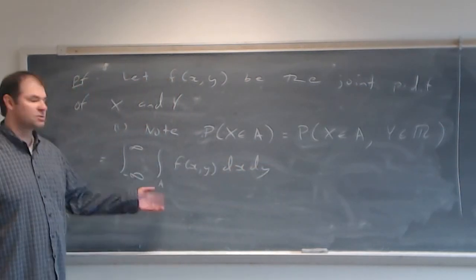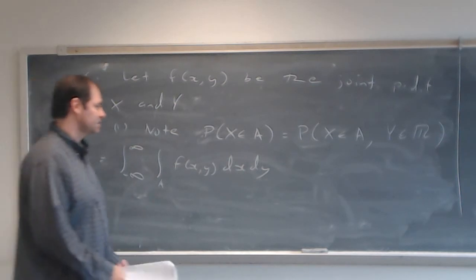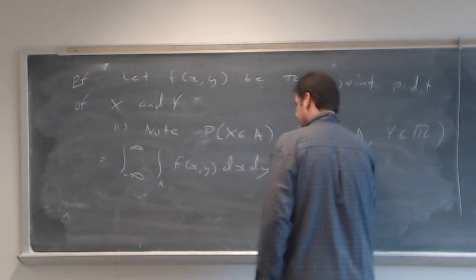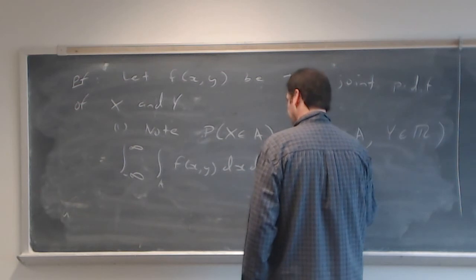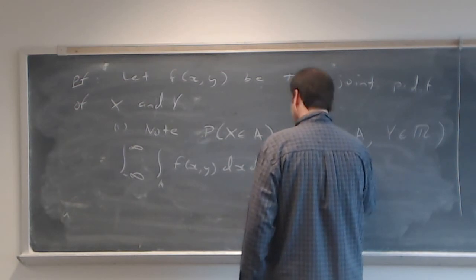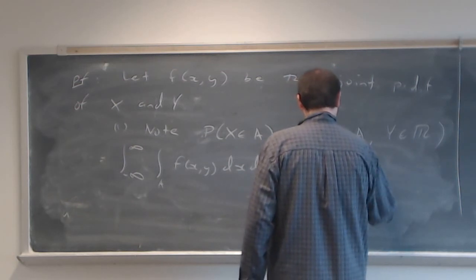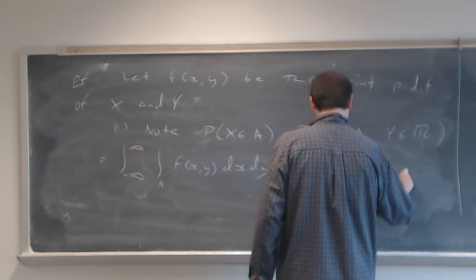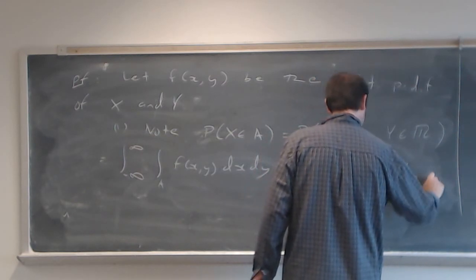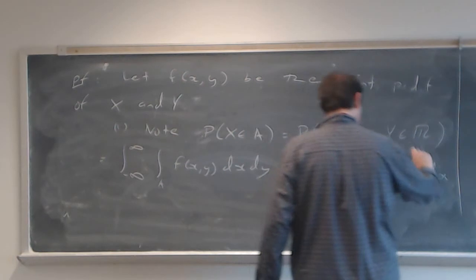Earlier I said we could switch the order of integration in these cases, and we can. So this same thing is the integral over A, integral from minus infinity to infinity, of f of x comma y, dy dx. And think of this as an iterated integral.